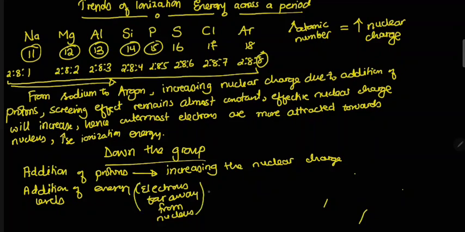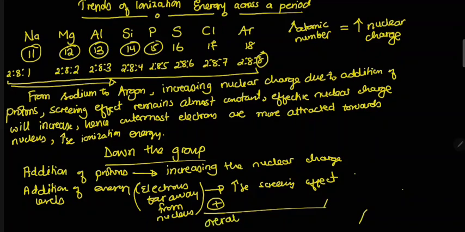So if electrons are far away from the nucleus, we are increasing the screening effect. And therefore, if we do the accounts of this, overall effective nuclear charge decreases.